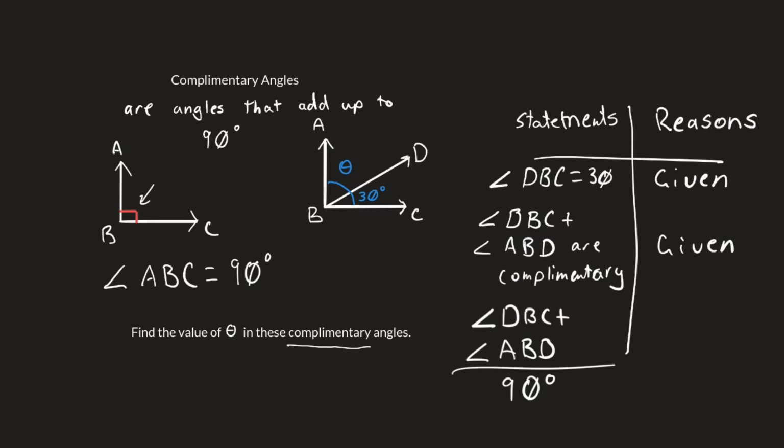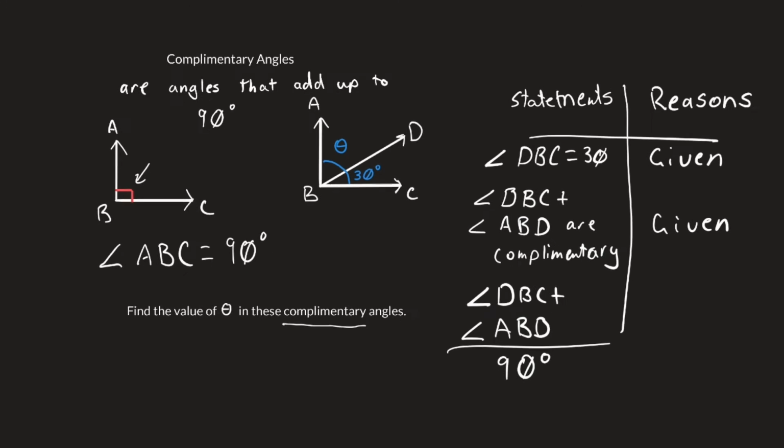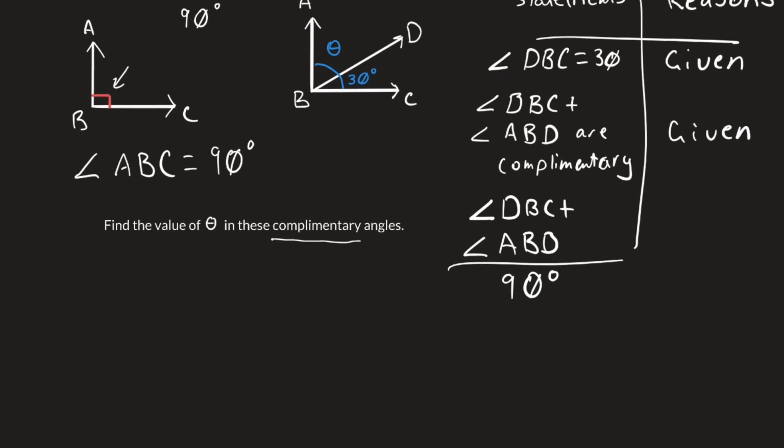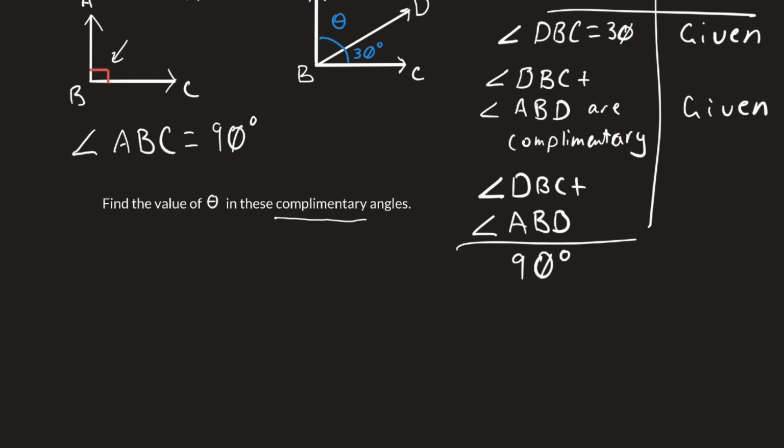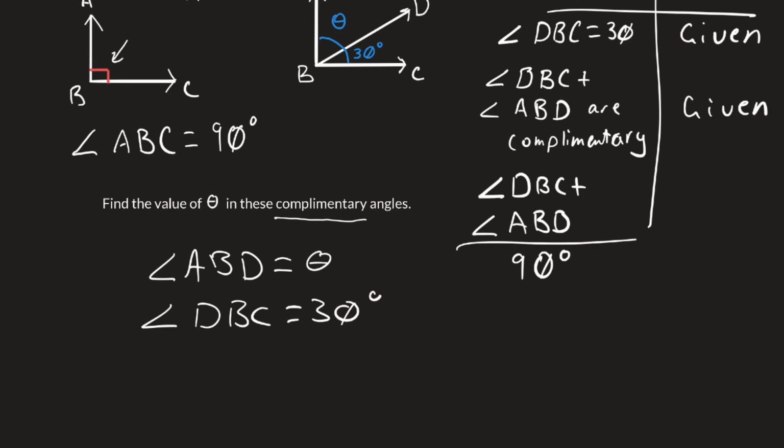Let's just move this down here so we've got a bit more space. Now, I know angle ABD equals theta, and I know that angle DBC equals 30 degrees.